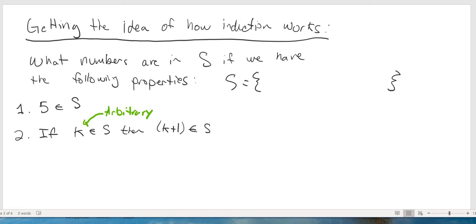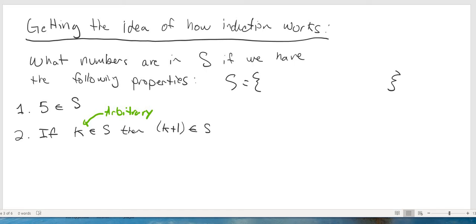So how does this work? If you're talking about a number K and you compare it to the number K plus 1, K plus 1 is a number that comes after K. In other words, K is before K plus 1. So what this is saying is these have to come together. Whenever you have a number like 5, automatically, according to this property, you need to also include the number that comes after it.